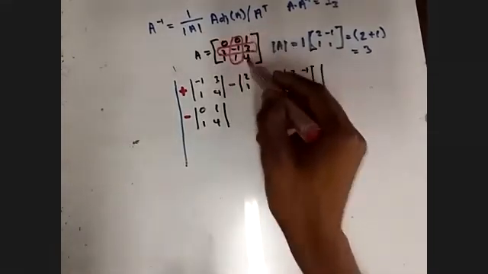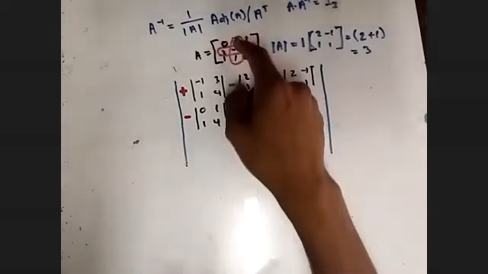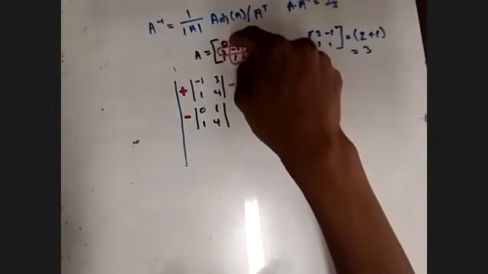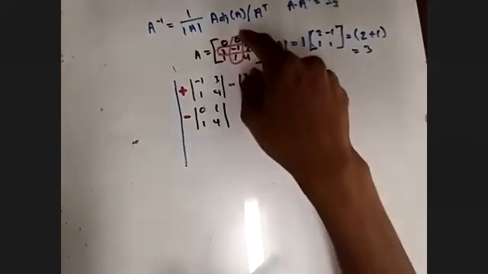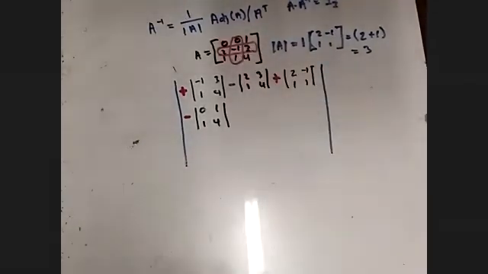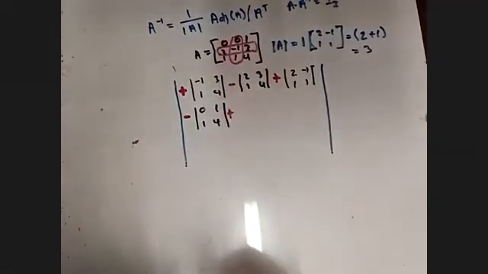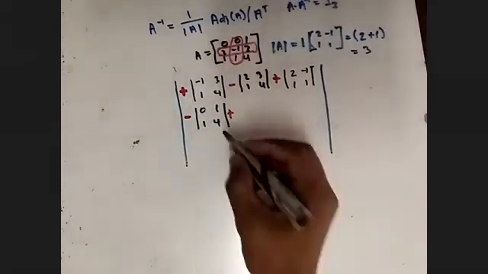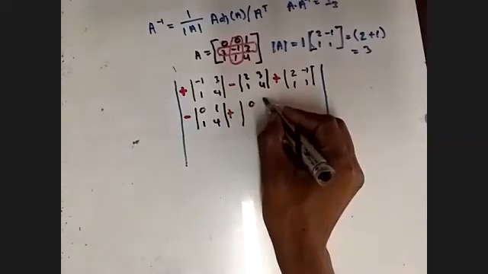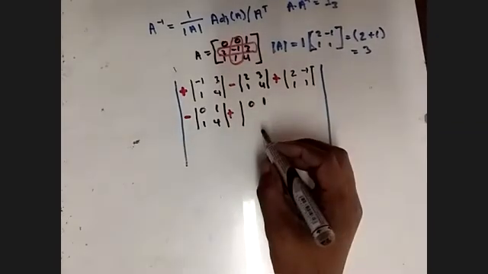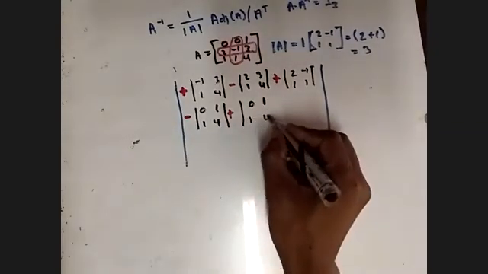It's 0, 1, 1, and 4. The next value correlates to this one, so we have to close this one and this one. Let me have the plus here first and the absolute value. So it becomes 0, 1, and then 1 and 4.